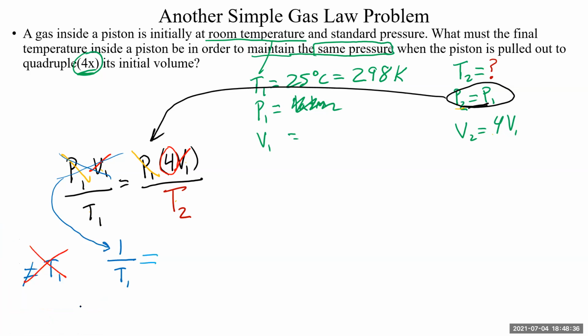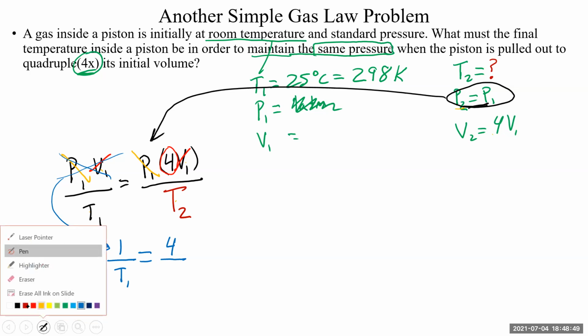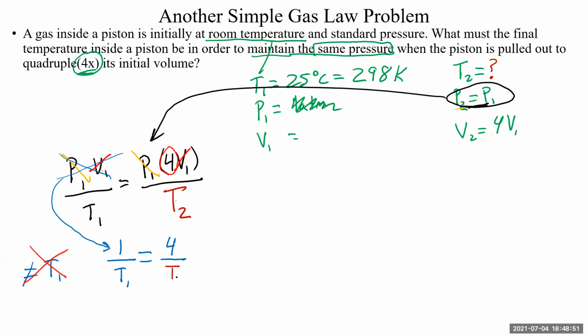Oh, wrong color. Let me use this. So 1 over T1 equals 4 over T2. The variables are gone, so the only thing left on top is 4. Now, once again, be very, very careful. Do not solve for T2 simply by moving the 4 over. If you do that, you're going to be solving for 1 over T2.